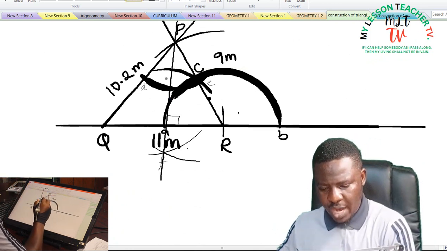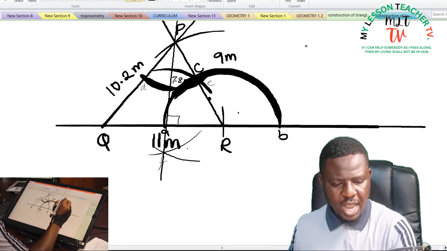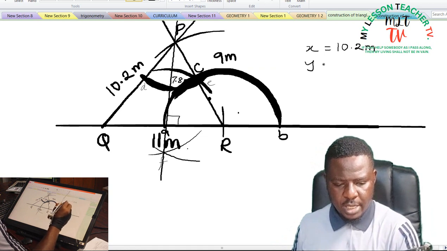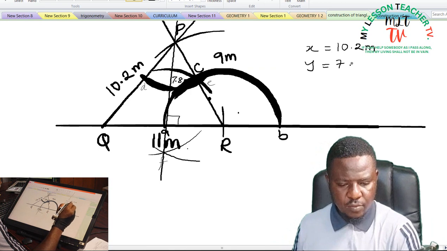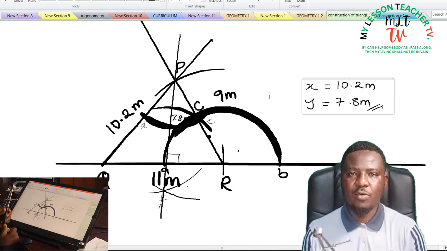So my Y is said to be 7.8 meters. So I have X to be 10.2 meters, and my Y is said to be 7.8 meters. So this is how you can construct a given triangle.